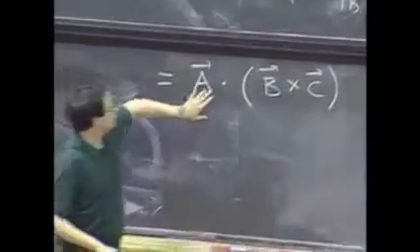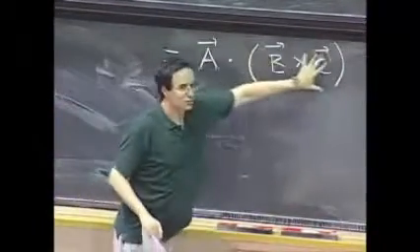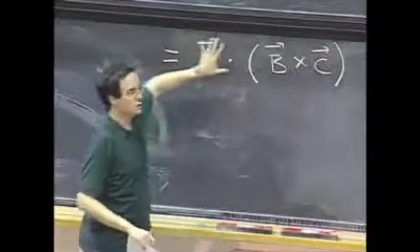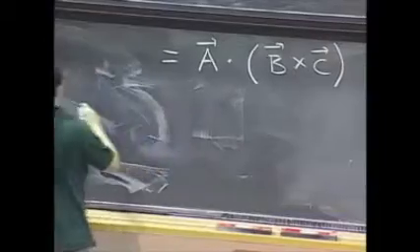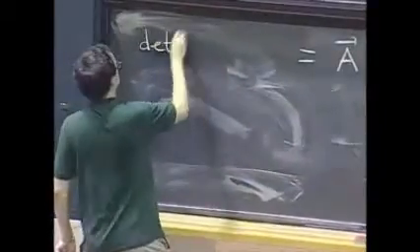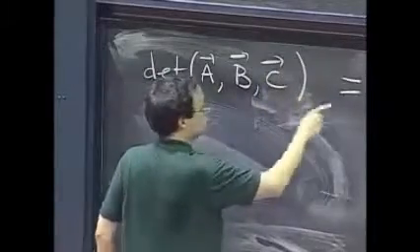If I do it the other way around, A dot B, I get a number. I cannot cross that. So I really have to do the cross product first. I get a new vector, and then I dot product. So the fact is that the determinant of A, B, C is equal to this so-called triple product.